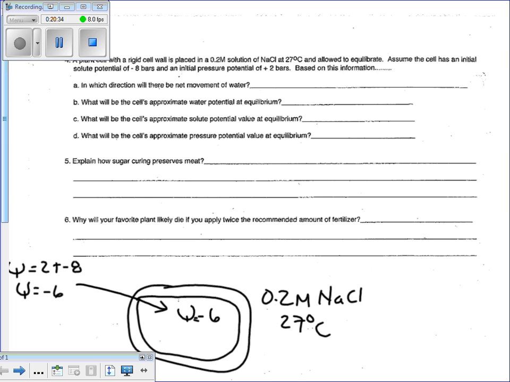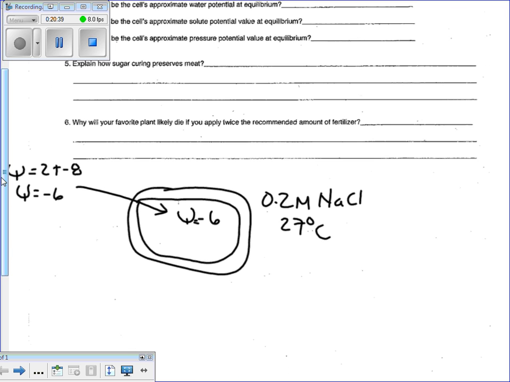Based on this information, we're going to answer the following questions. So I know the internal water potential. I now need to calculate the external water potential. Is there any pressure on the outside? No information says there is, so we're going to assume again that the outside pressure is 0. Plus, then we go back to our good old friend iCRT, and we simply plug and play.